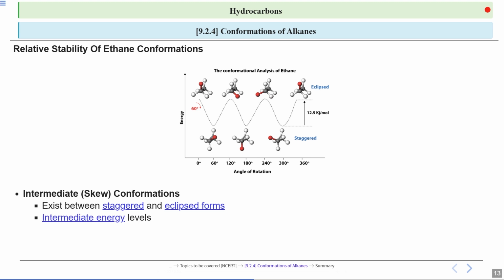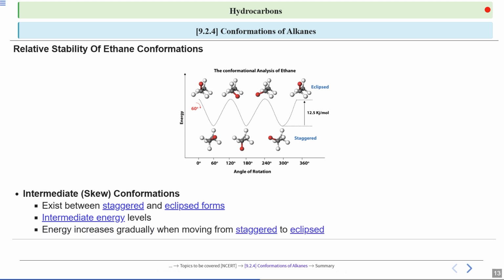Then, what is the energy expectation from the skew conformation? Of course, since its energy is lying between the eclipsed and the staggered form, you can say that it is more stable than eclipsed and less stable than the staggered form, right? Now, how can you see it?